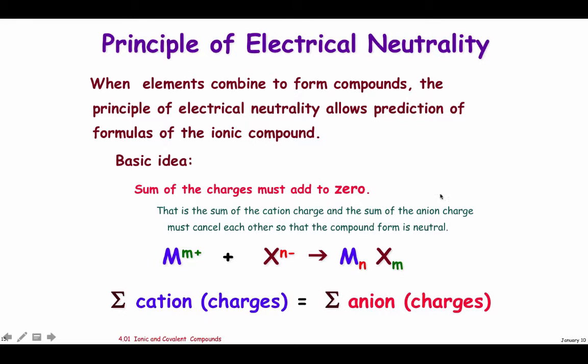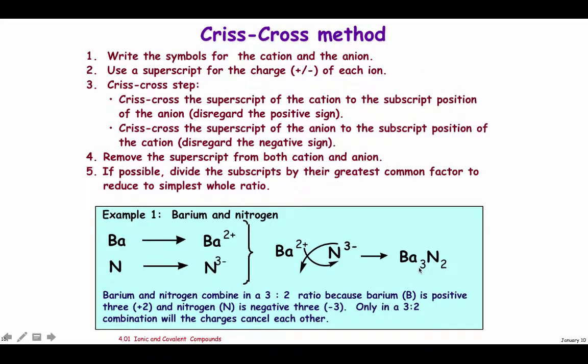And you use subscripts after the elements to indicate how many of the cation and how many of the anions will give you that correct ratio so that it's electrically neutral. The best way to do this is through the crisscross method. In the crisscross method, you want to write down the elements that are going to make up the compound.